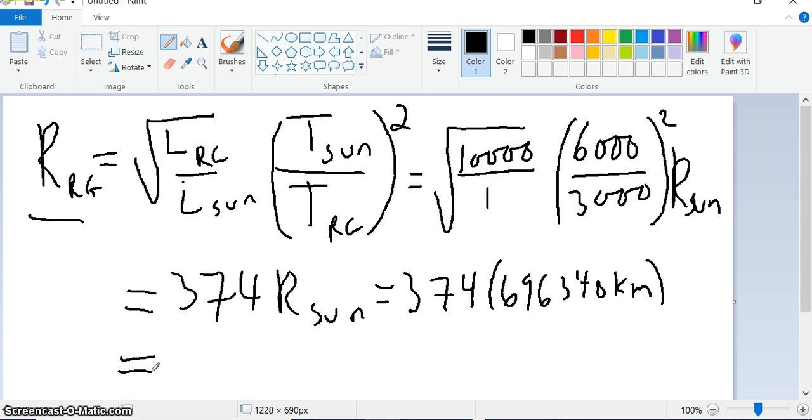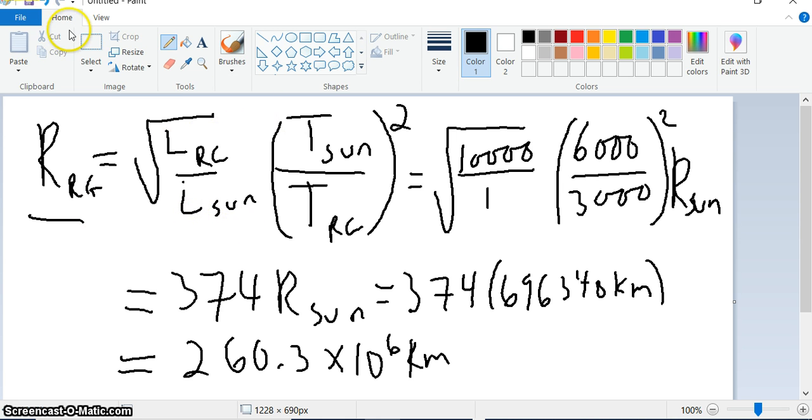Since this thing is 374 times the size of our sun, that is approximately 260.3 million, which means times 10 to the 6th, kilometers.